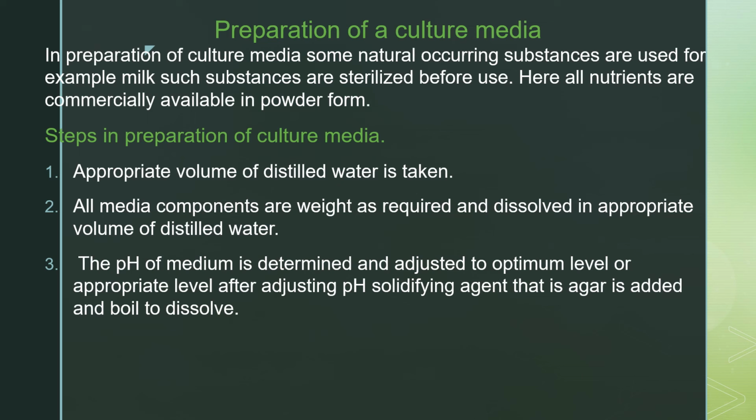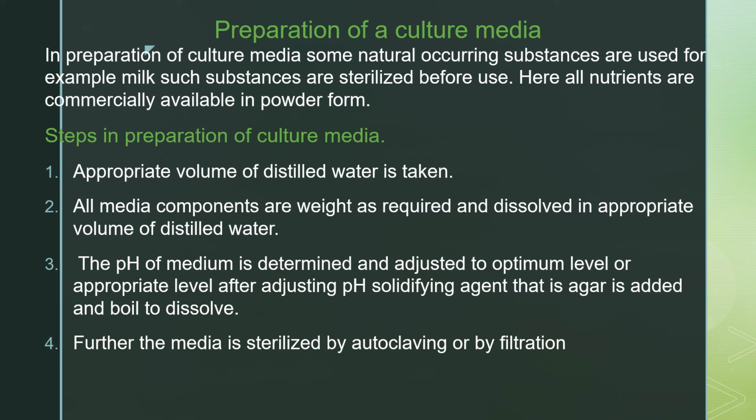Once you add all the nutrient components, you have to measure the pH, and then adjust it to the optimum level for the desired microorganisms which you are going to isolate. Then add the agar and boil the media until the agar dissolves.